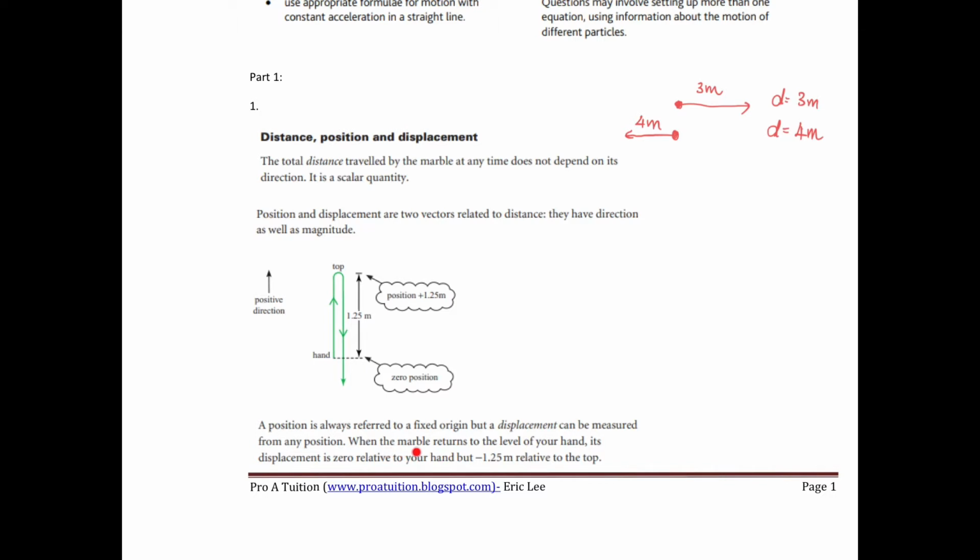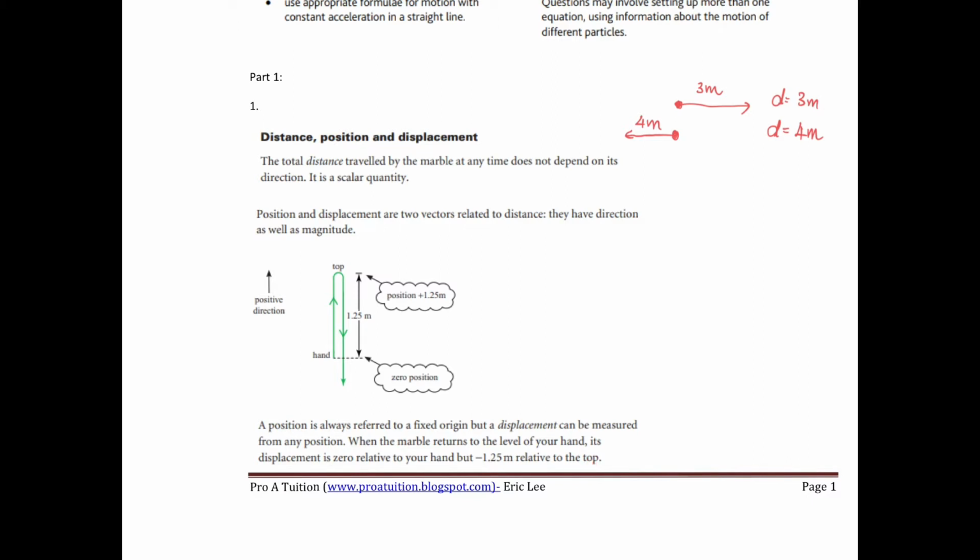So you have to mention where you start, because you can start from any point for displacement. If you say I start from my hand, then when the marble reaches here, this is called 0 displacement. Of course, displacement, like we said, we can start from any point. We can start from the top. If you start from the top and come down here, then the displacement is negative 1.25 meters relative to the top.